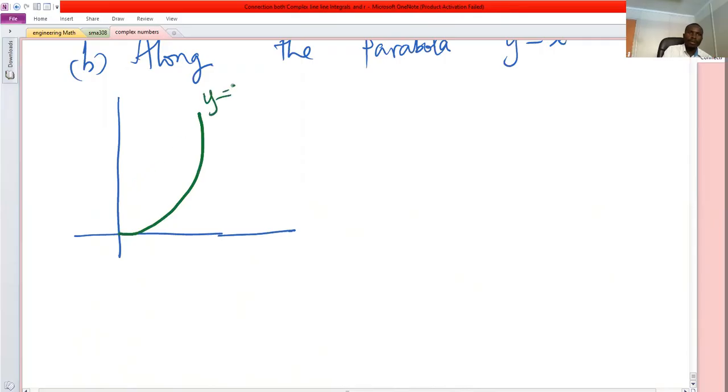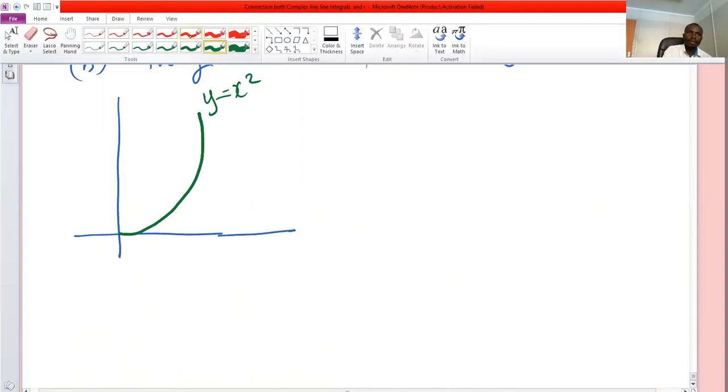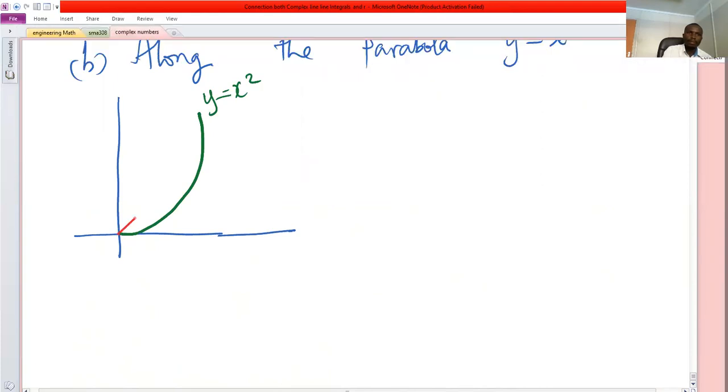So y equals to x squared. Remember, this is the x, this is the y.